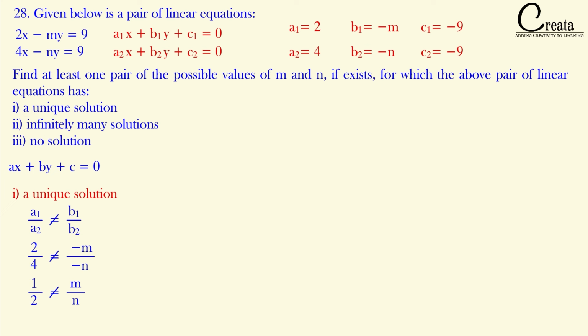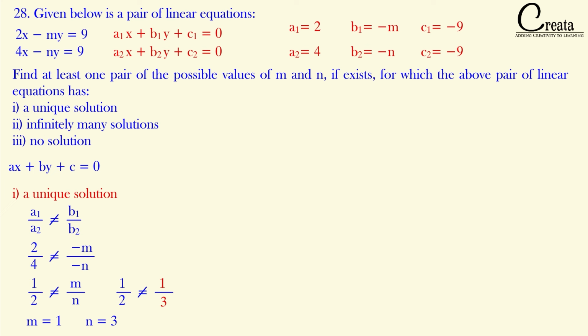If this condition is not matching, that is the left hand side is not matching with the right hand side, then we can say the linear equations will have a unique solution. That is, they will be intersecting with each other at one point. So what will be the values of m and n? It can have many values. Suppose we take m as 1 and n as 3, then m upon n will be 1 upon 3.